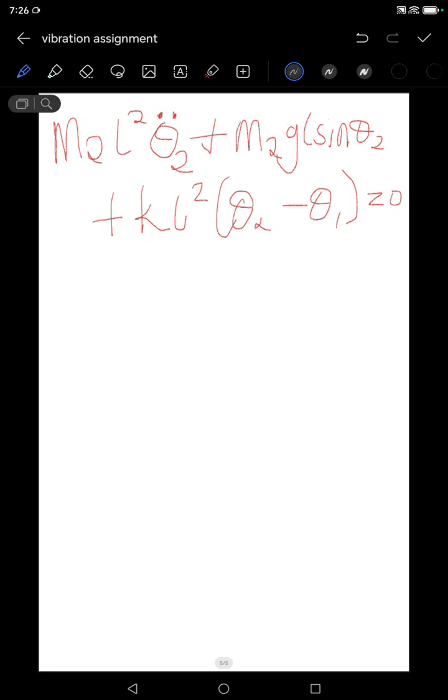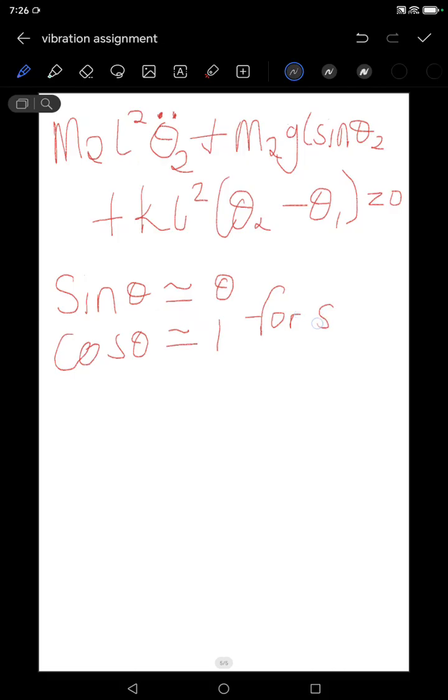Sometimes they will tell you in the question to take it for small oscillation. When they say small oscillation, they mean that sine theta can be approximated to theta, and cos theta can be approximated to 1.